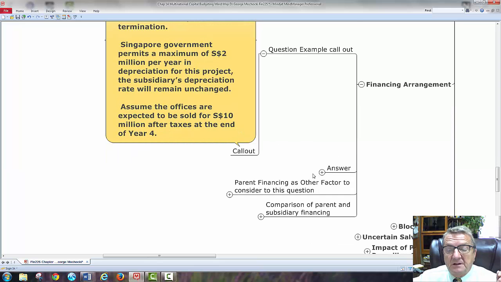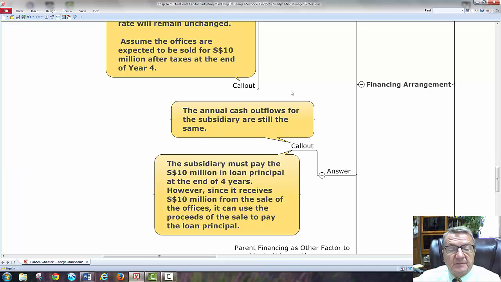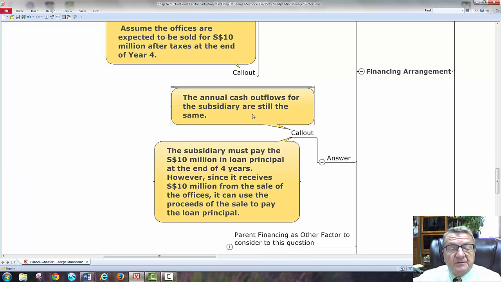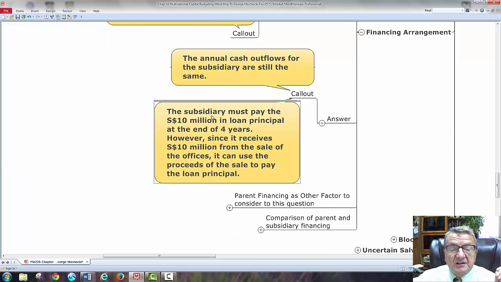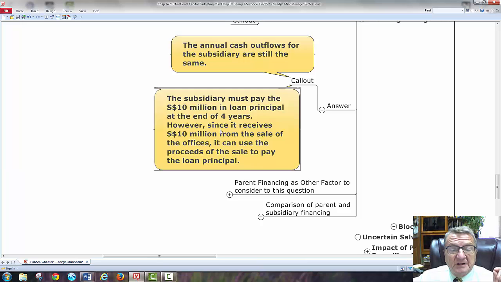Okay, so that's my call out, and the answer is: the annual cash outflows for the subsidiary are still the same. Nothing changes. The subsidiary must pay the 10 million Singapore dollars in loan principal at the end of the 4 years. However, since it receives Singapore $10 million from the sale of the office, it can use the proceeds of the sale to pay off the loan principal. So it worked out well.